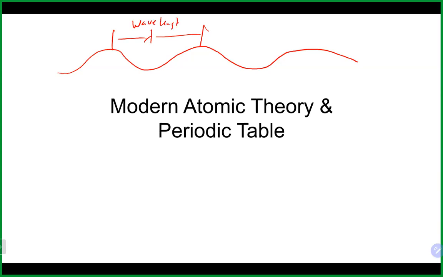They also have an amplitude, which is basically the height of it. And they also have what is referred to as a frequency, sometimes abbreviated with the nu symbol, although people call it a V. It's not really a V, but it's the nu symbol there.